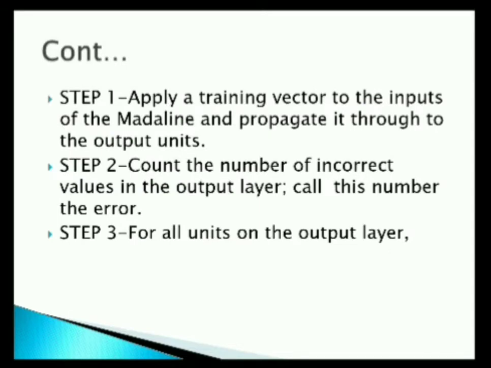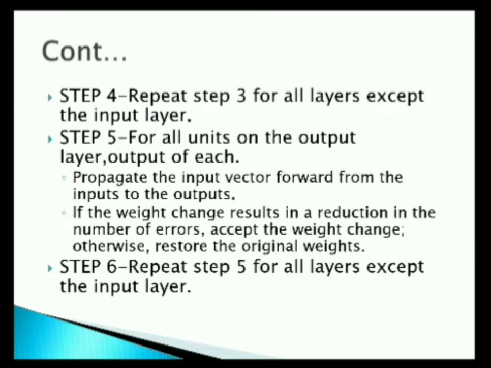Here the first step is to apply the training vector to the inputs of the MADALINE and propagate it through to the output units. Step 2 is to count the number of incorrect values in the output layer and call this number the error. Step 3 is for all the units on the output layer. Step 4, repeat the third step for all the layers except the input layer.